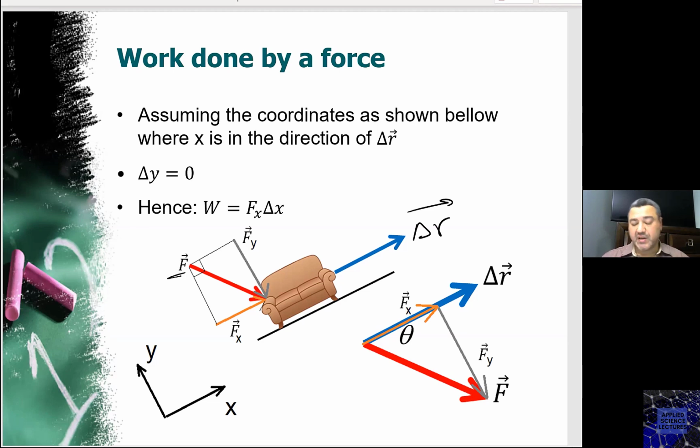In this case, the work done by Fy will be 0. So as a result, only the component that is along the displacement is going to contribute to the work. The component that is perpendicular on the displacement is going to contribute a zero to the work.